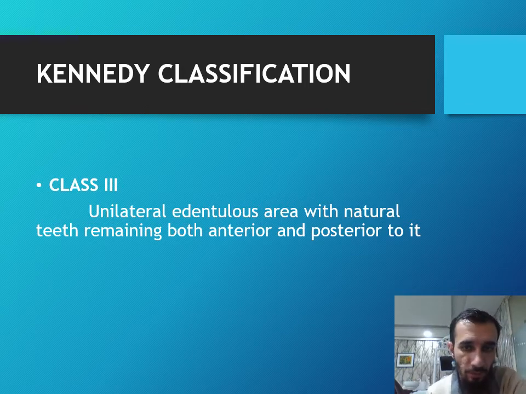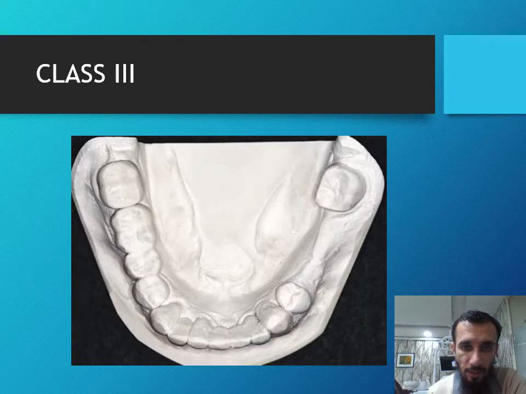That means that you have edentulous areas which have teeth present both anterior and posterior to it. This is an example where you have missing second premolar and first molar, which is bounded by a second molar and a first premolar. So it's a posterior bounded saddle and it does not cross midline. So this is an example of class 3.